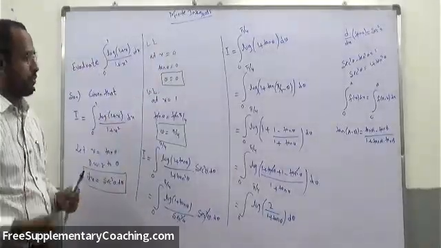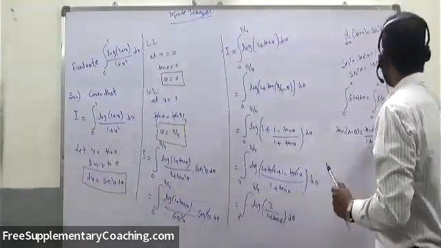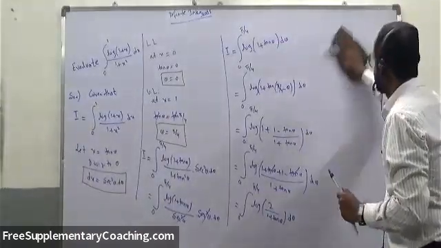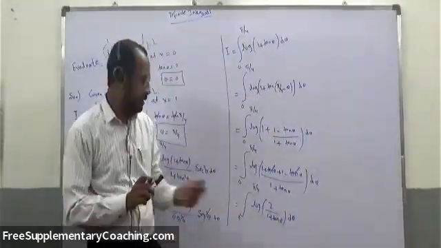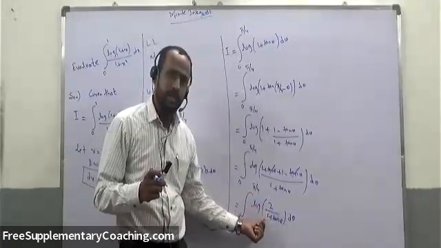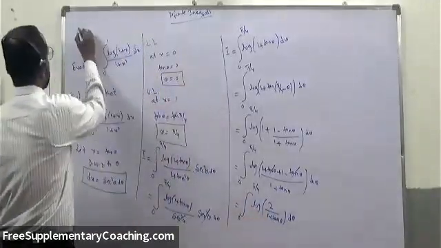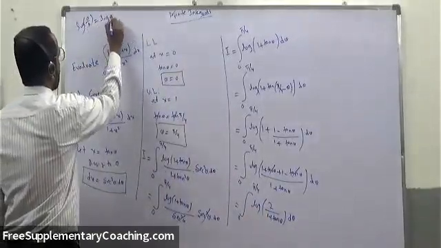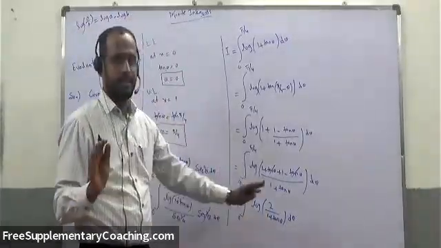I'm going to use all these formulas on the right hand side in order to continue the solution. So here, the basic knowledge of logarithm I'm using, log a by b, I can write log a minus log b, remaining integration as it is, d theta as it is.